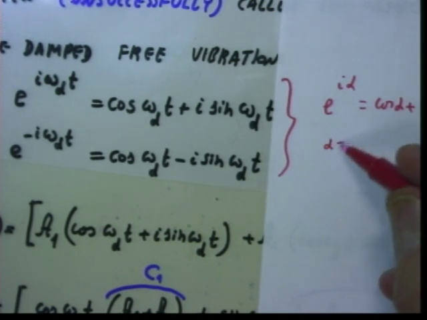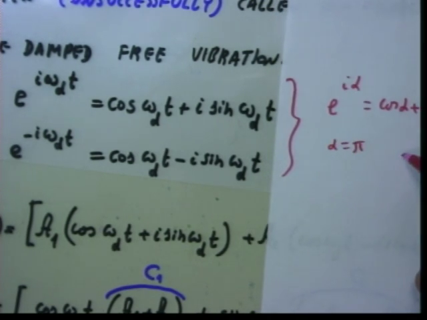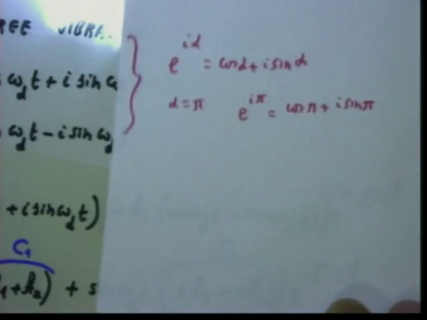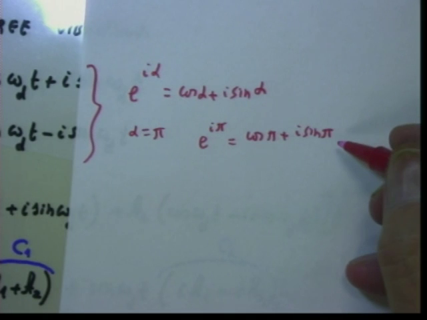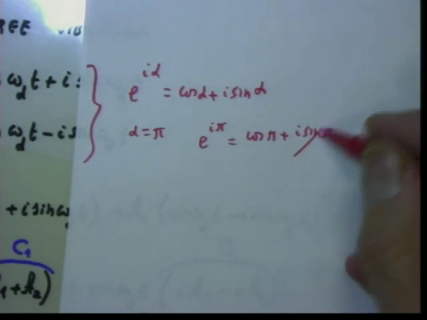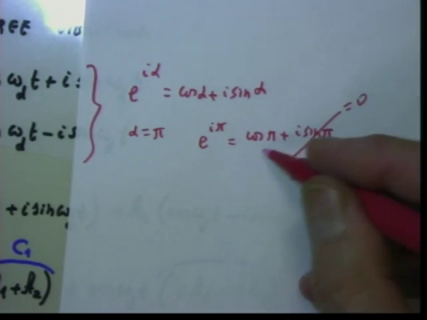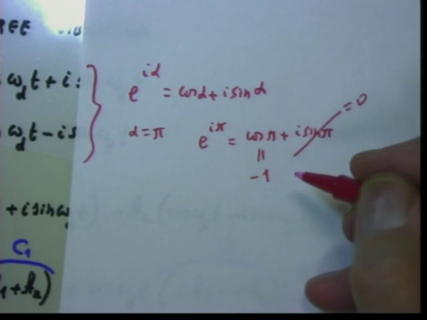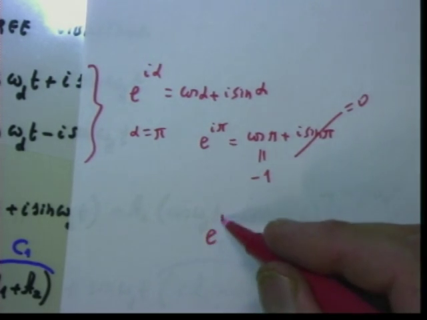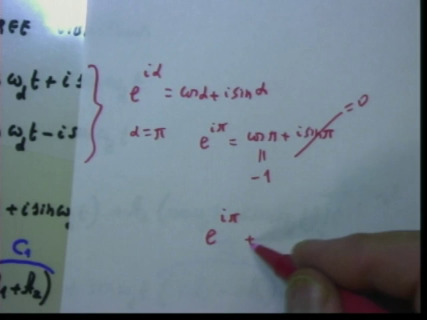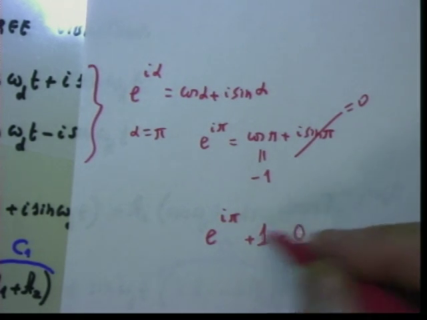Actually the most famous formula is when I substitute alpha equals pi. Then I get e to the power i pi equals cosine pi plus i sine pi. Sine pi naturally equals 0, and cosine pi equals minus 1. So I get e to the power i pi plus 1 equals 0.